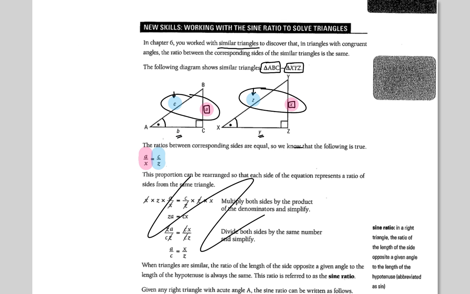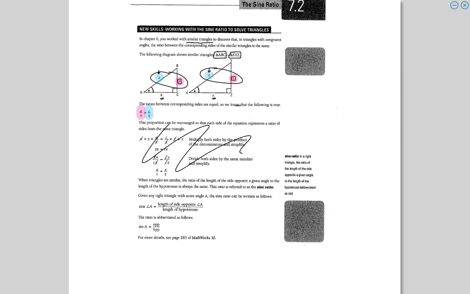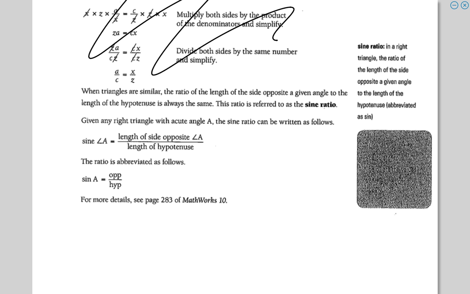We can skip all this and we come down to this bottom thing here. And this is the first trig ratio, it's called. So it says when triangles are similar, the ratio of the length of the side opposite a given angle to the length of a side of the hypotenuse is always the same.